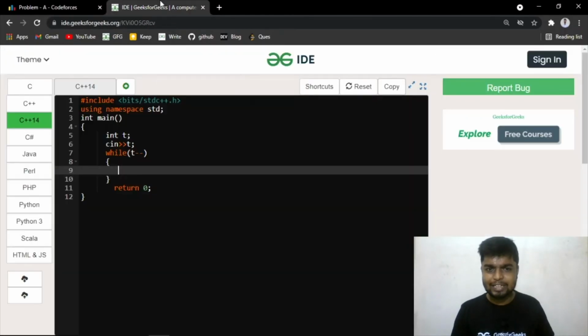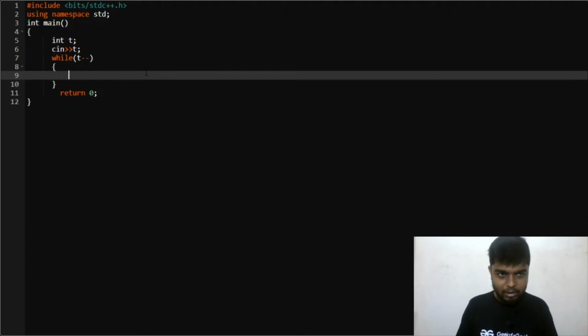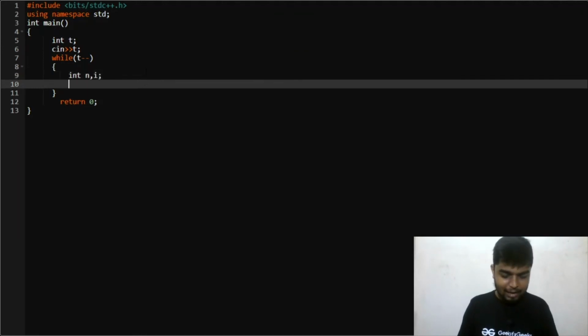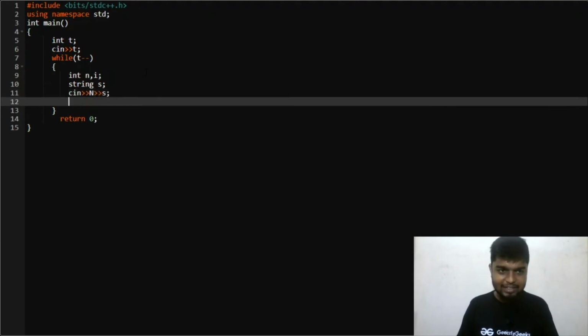So let's quickly code the solution down. What you will be given is n, so we'll take both n and s as input.